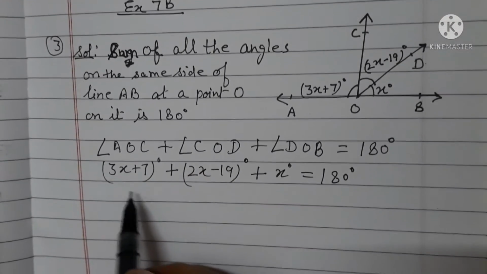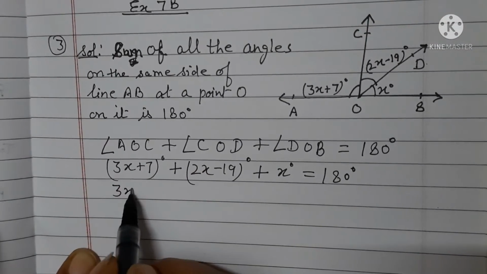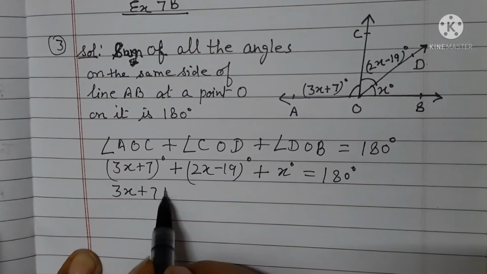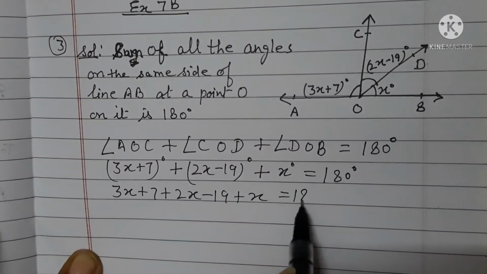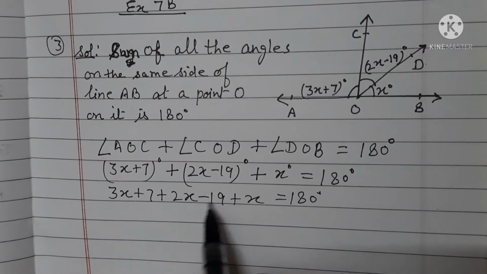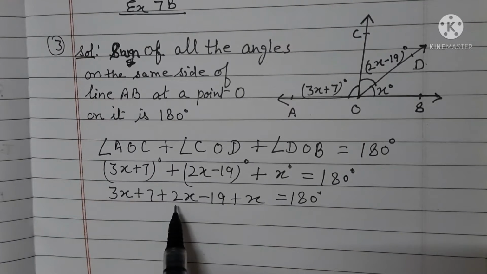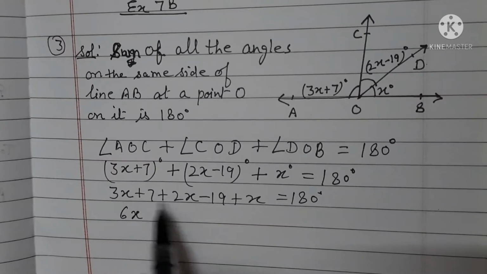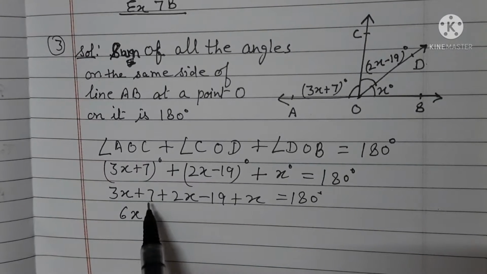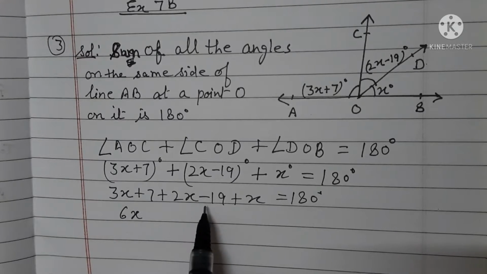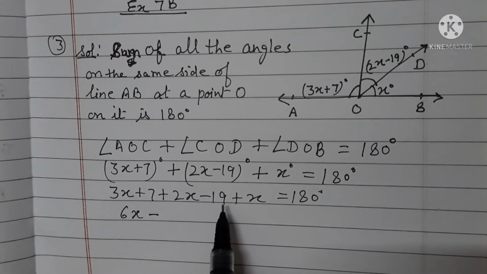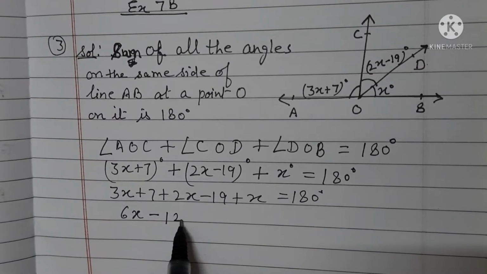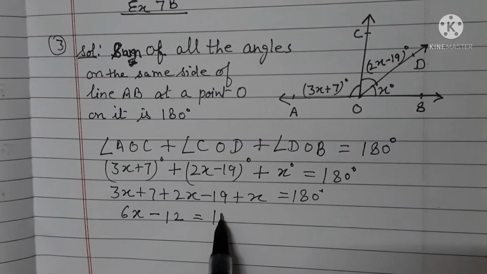Open this bracket. 3x plus 7 plus 2x minus 19 plus x is equal to 180 degree. Now 3x plus x plus 2x is 6x, and minus 19 plus 7 is minus 12, is equal to 180 degree.